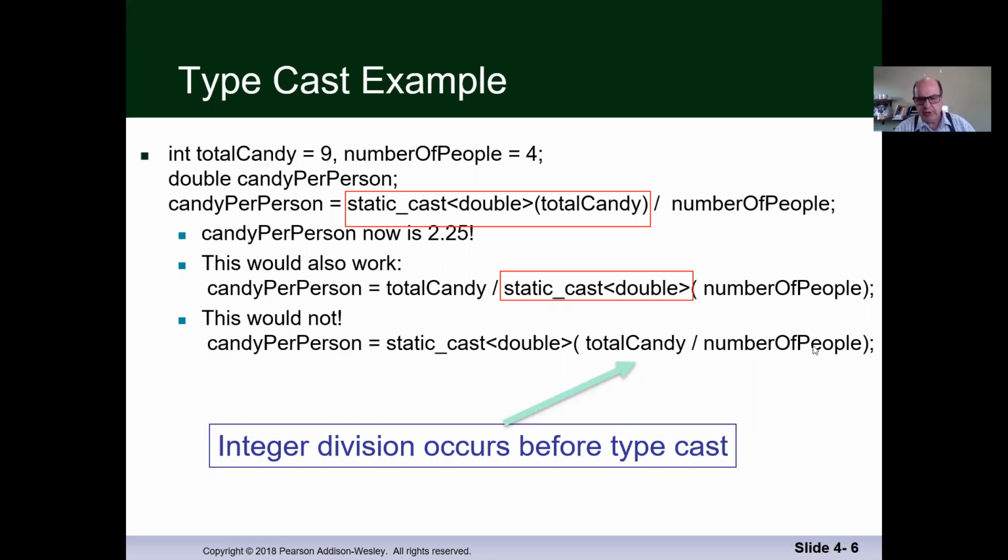So when we put things in the parentheses, that is going to happen first, then it's going to apply this one. So 9 divided by 4, both of them are integer, so it's going to give me 2, and the static cast double is going to take my 2 and change it to 2.0. So we have to be careful about how we do this.